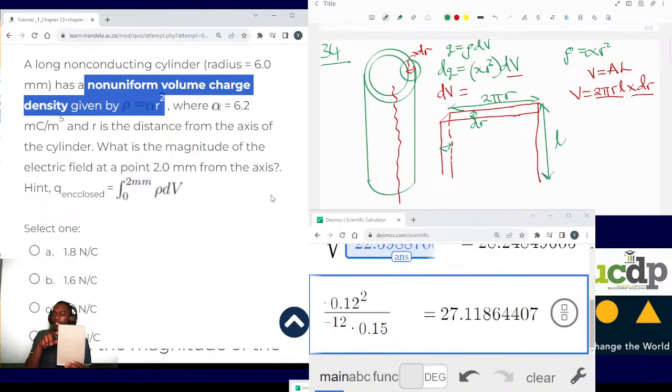Then this is the length, then the thickness, which is this part, right? Remember, volume is length times width times height. So this is our width, which is the circumference 2 pi r, this is our length, and the thickness. Are we happy with that so far? So this is explaining why we have our volume like this.